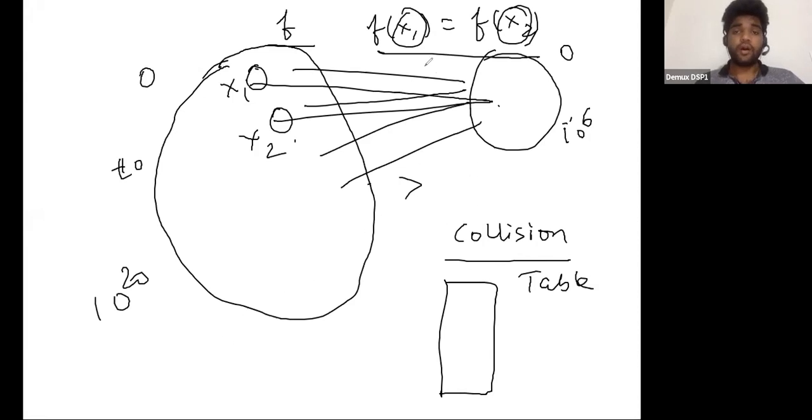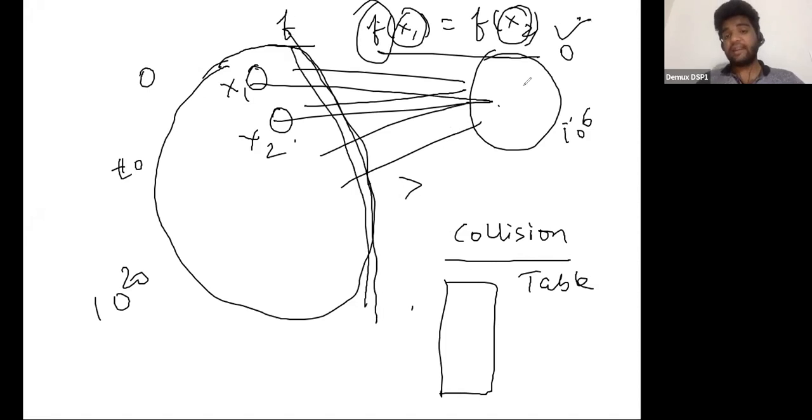Right? So how can you take care of this now? This will happen. No matter how good an f you choose, this will happen simply because the range of input is much greater than the range of output, or the domain is greater than the range.